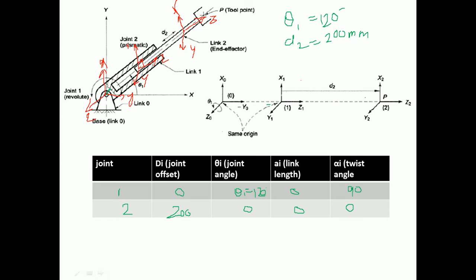There is one more thing. I drew this y axis, but with respect to the right hand thumb rule, this y axis should be drawn on the opposite side, and I forgot to put the minus sign. So this minus sign represents that the y axis, with respect to the right hand thumb rule, is created on the opposite side, but it takes a sign convention, so that's why the minus sign is attached.